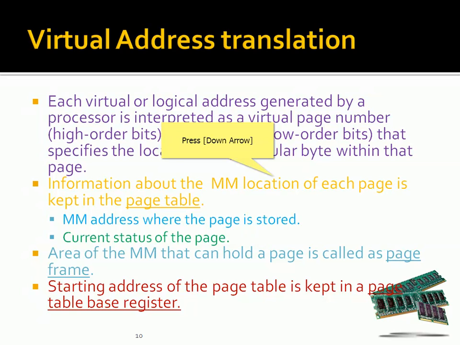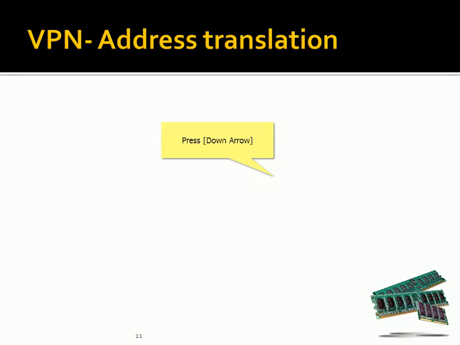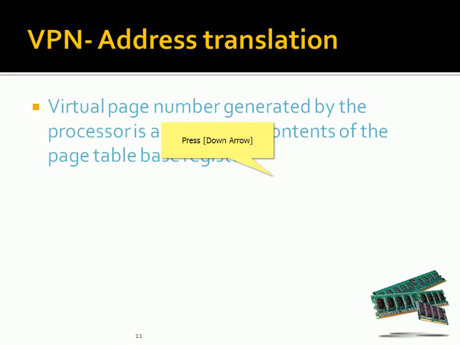So the base register will tell the starting address of the page table, right? That base register is one more component. Now for virtual page number address translation, the virtual page number created by the processor is added to the contents of the page table base register.